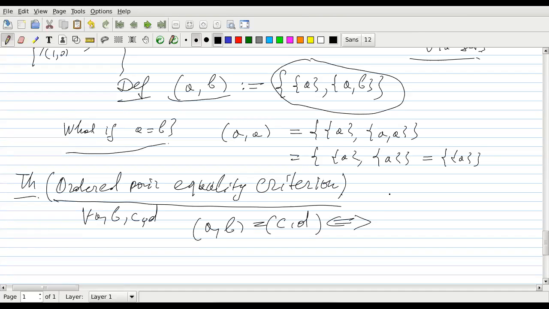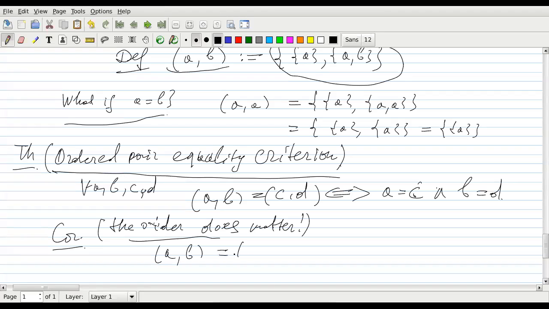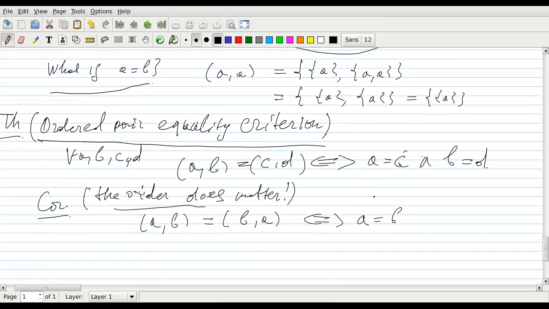A equals C and B equals D. So as a corollary, I say that the order does matter. Why? When is it possible that AB equals BA? I see, if and only if A and B are the same. Is it clear?